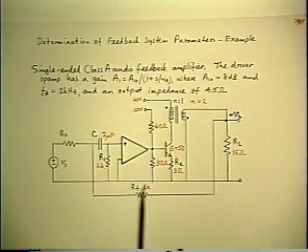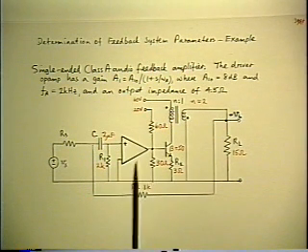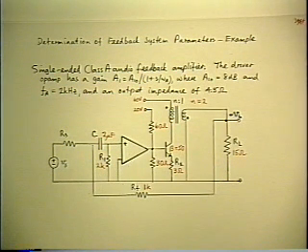Those numbers imply that the driver itself is a local feedback amplifier in order to achieve those particular results. But that doesn't matter. To go on from here, we just represent the driver by those properties.